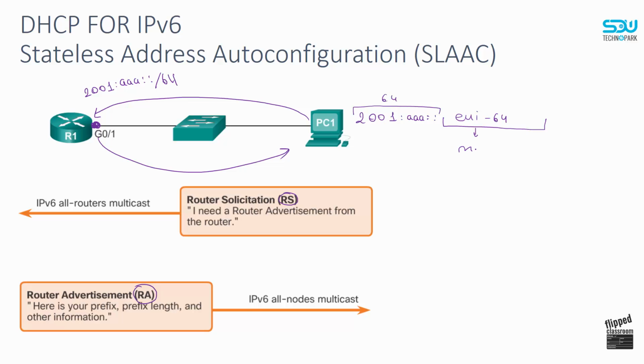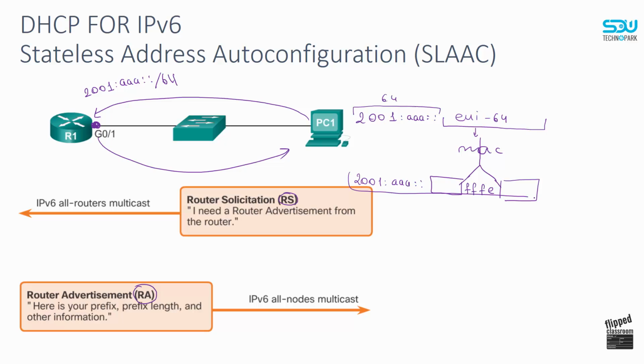It can get the MAC address of the network interface card, divide it into two parts, and between the MAC address parts it will place a special value FF:FE. Here is one part of the MAC address, here is another part of the MAC address, and here is the beginning of the address which was provided by the router.